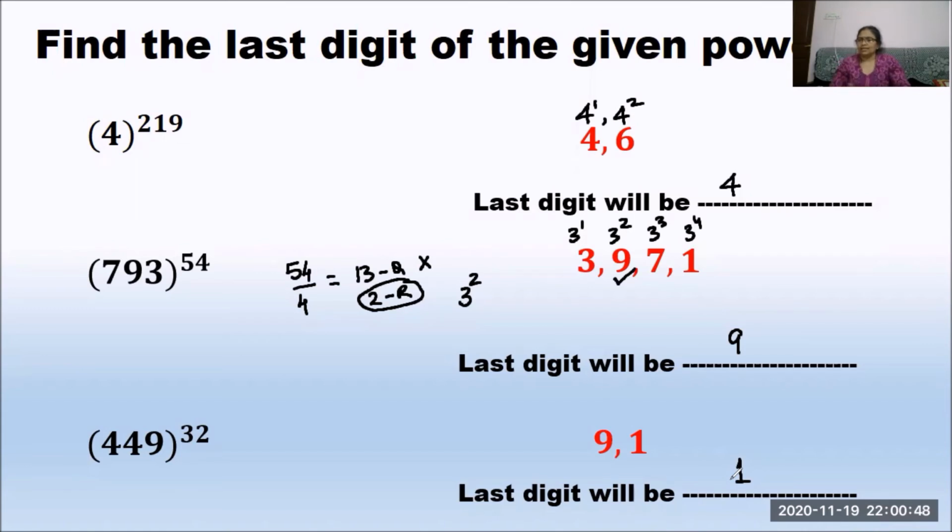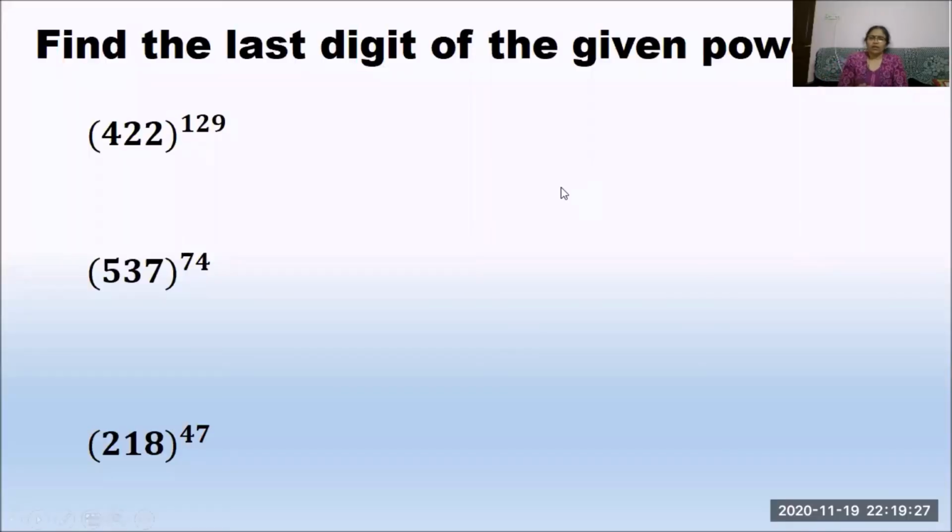Is that clear? One more set of questions. Find the last digit of the given powers. We'll do it faster since you know everything. The last digit is 2, and the pattern of 2 is 2, 4, 8 and 6.